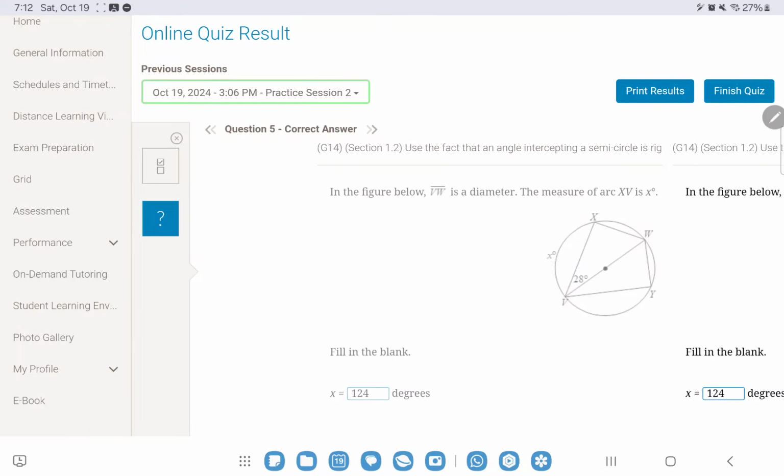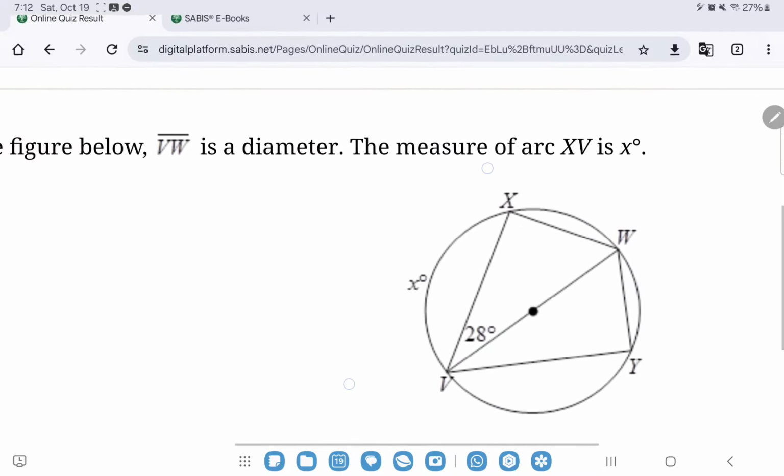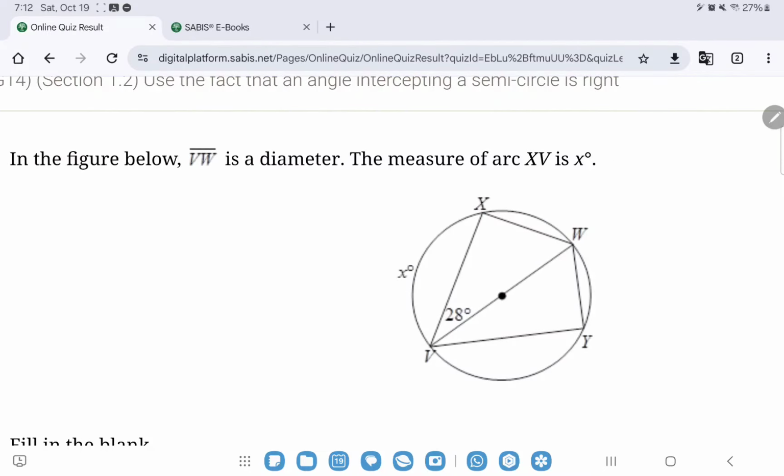Now here, this question, it's telling us that VW is a diameter. So we know that here is a diameter, and you need to find x here. We know that angles intercepting a diameter are equal to 90.